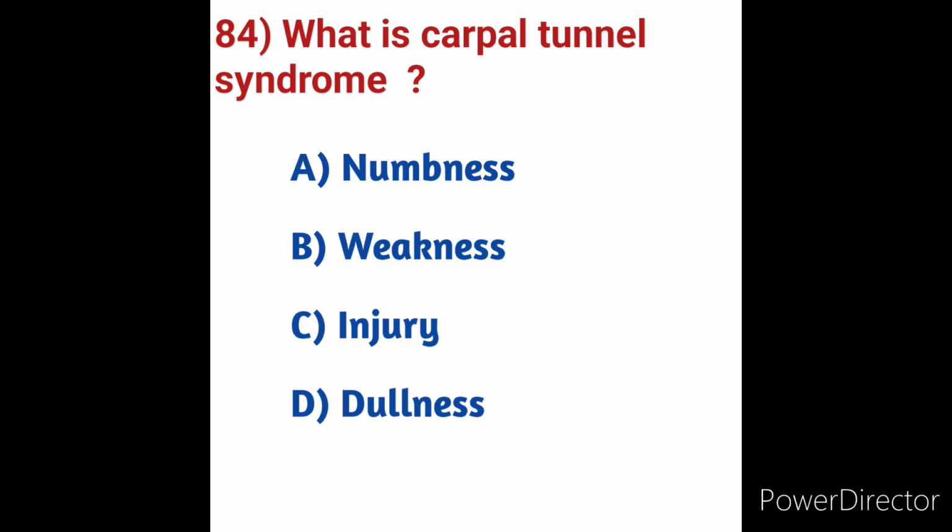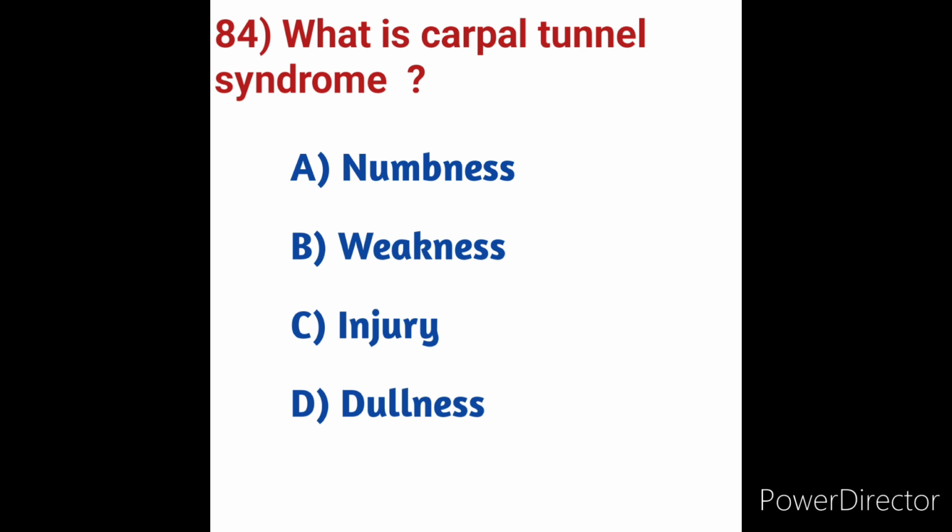The carpal tunnel is a narrow passageway surrounded by bones and ligaments on the palm side of the hand. When the median nerve is compressed, symptoms can include numbness, tingling and weakness in the hand and arms. It is the most common neurological disorder that occurs when the median nerve is compressed.